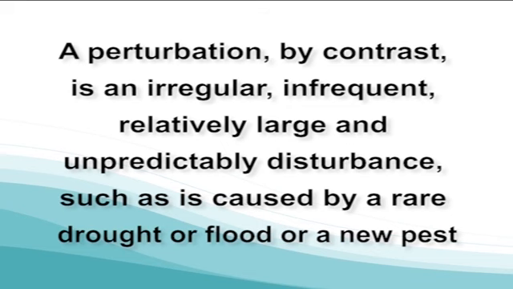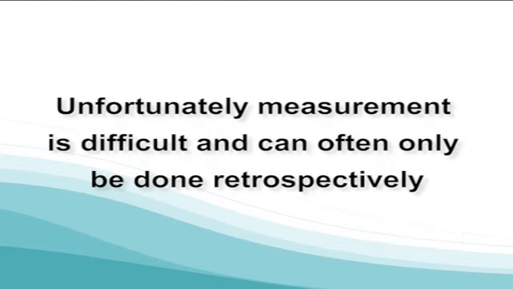A perturbation, by contrast, is an irregular, infrequent, relatively large and unpredictable disturbance, such as is caused by a rare drought or flood or a new pest. Unfortunately, measurement is difficult and can often only be done retrospectively. Lack of sustainability may be indicated by declining productivity, but equally, as experience suggests, collapse may come suddenly and without warning.